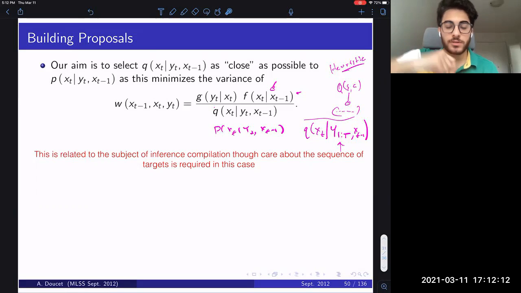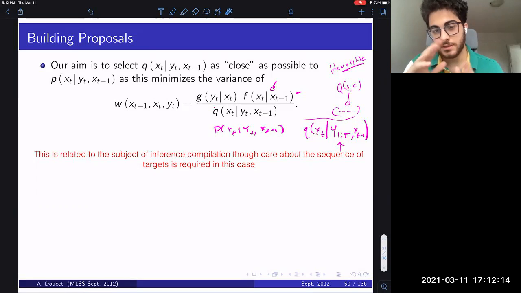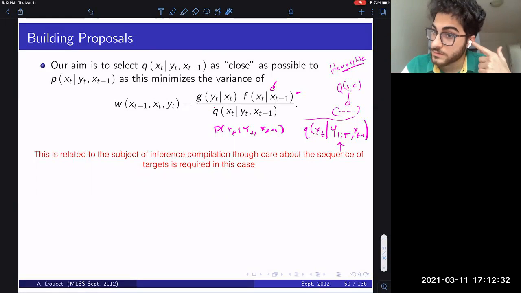So if the model structure allows us to do this, does it mean that the more observations we have that are far from our priors, the longer it takes for our proposal to converge to the posterior? Or this has nothing to do with it?